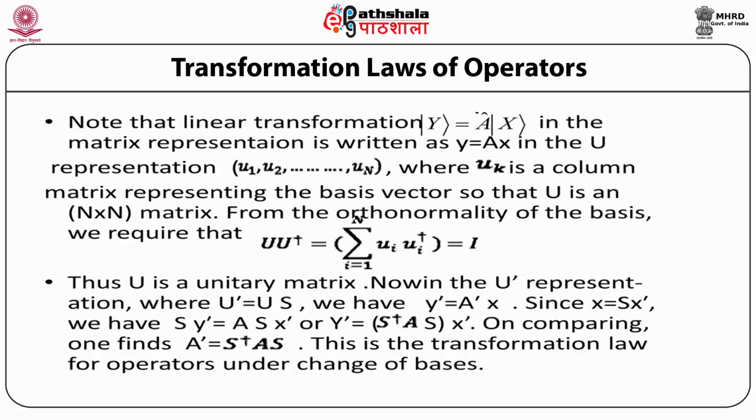In the U representation, where U is the set of coefficients u1, u2 and so on till un, where n is the dimension of the space, and where uk is a column matrix representing the basis vector, so that U is an n cross n matrix.